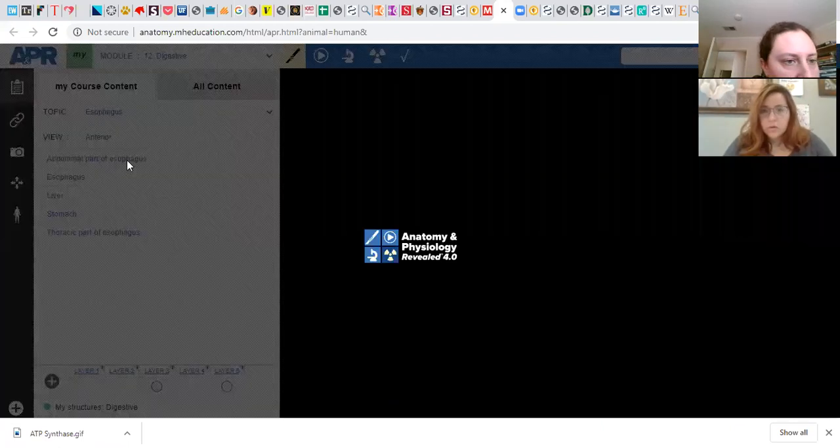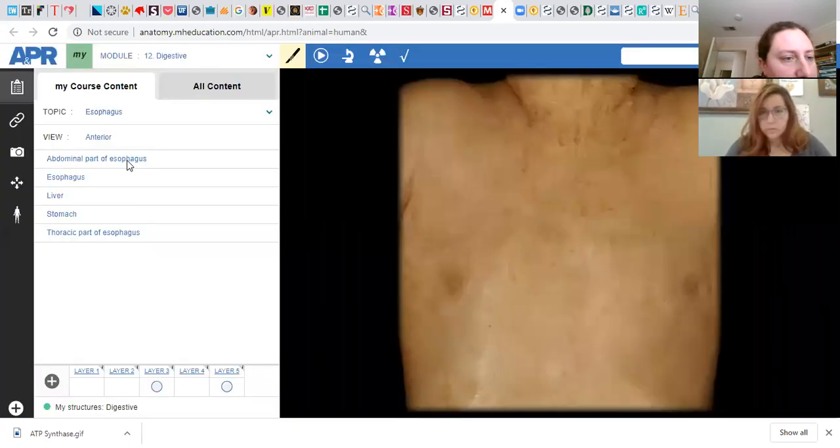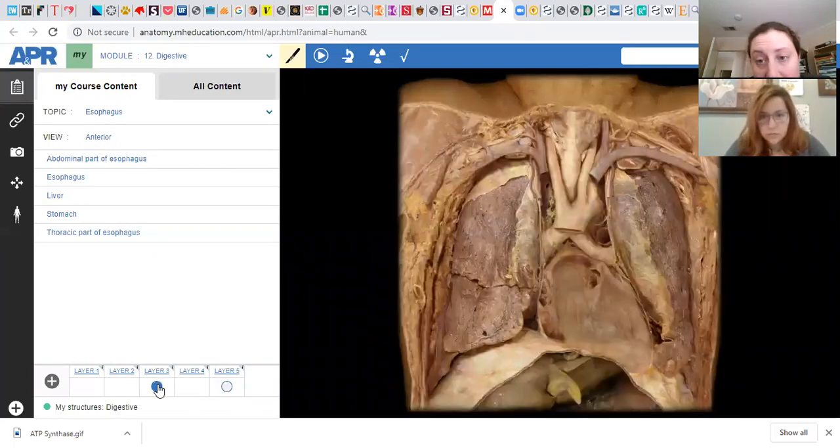Let's tackle esophagus first. So the esophagus got its own thingy. Basically, I don't know why they give you this view because you can't see anything on this view. This is everything in front of the esophagus, other than being able to see it way down here.